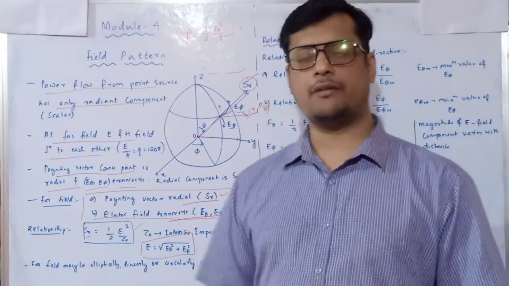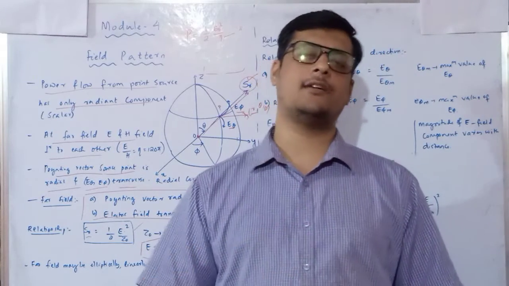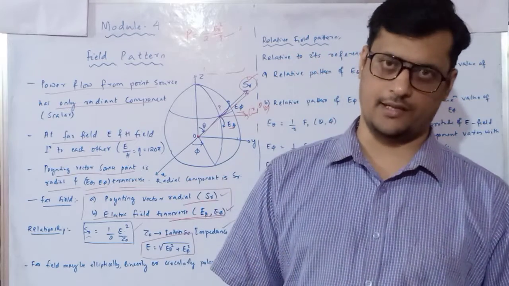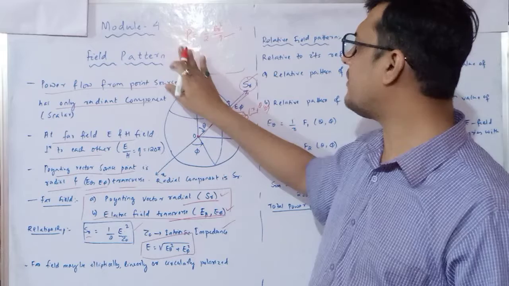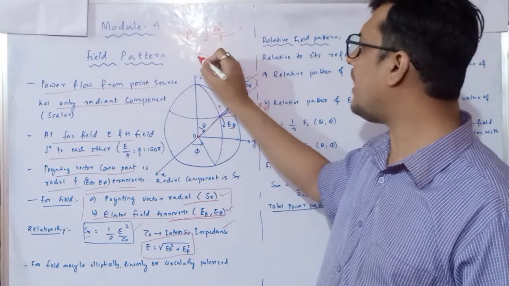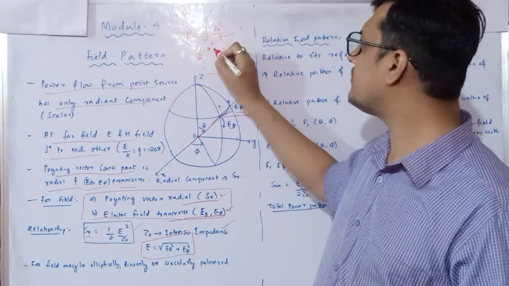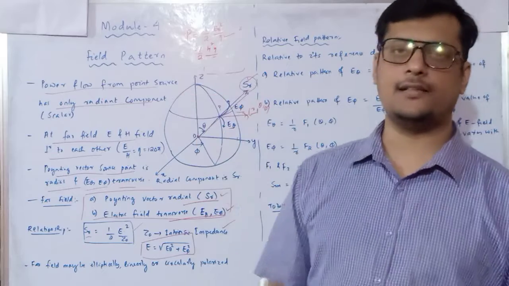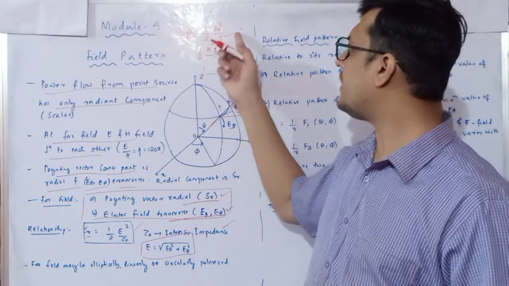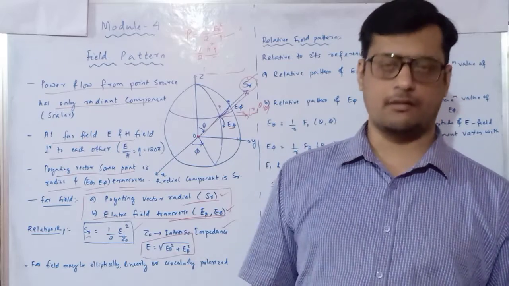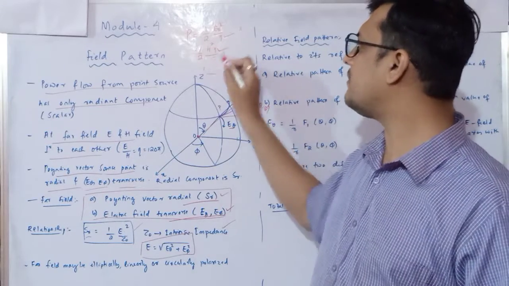Now if this electric field is known, it is easy to determine the magnetic field component, because this power can also be written in terms of half H naught square into eta. E is equal to eta times H, so eta square into H square, eta cancels out, and it is half H square into eta.